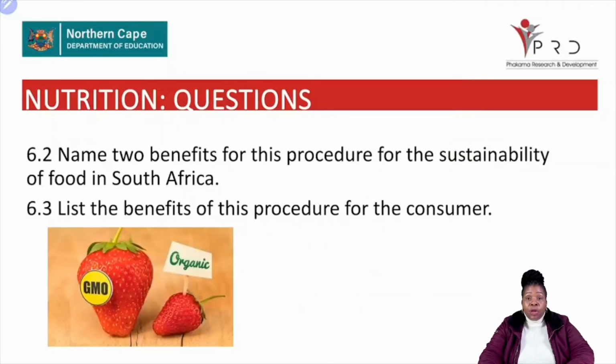And then our question 6.2 reads, name 2 benefits for this procedure for the sustainability of food in South Africa. And 6.3 says list the benefits of this procedure for the consumer.